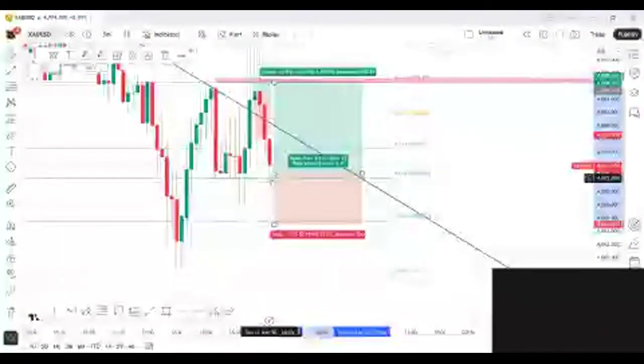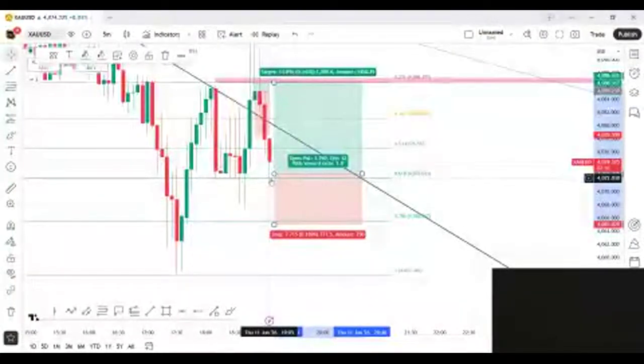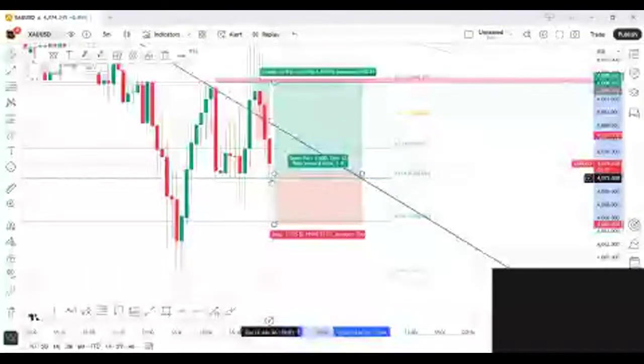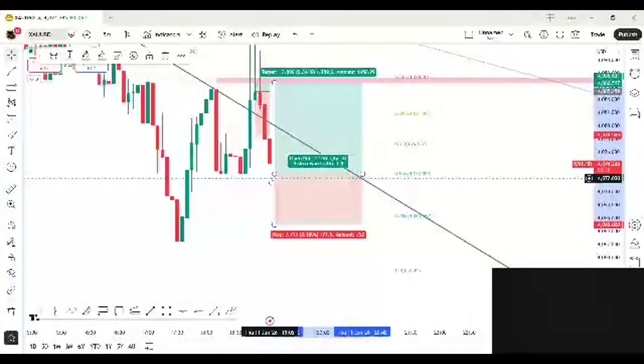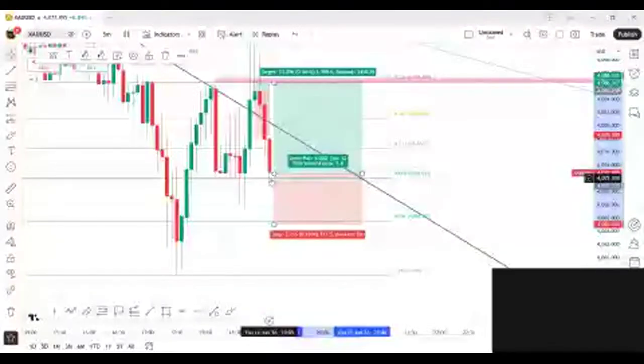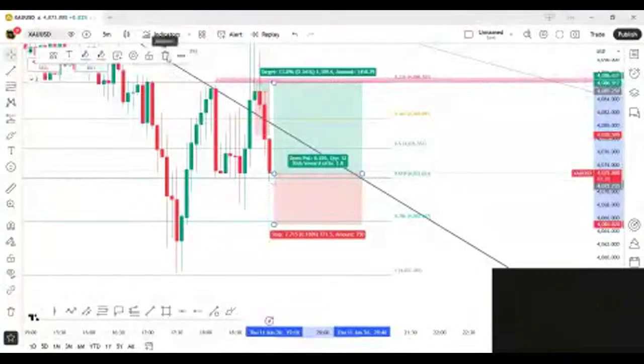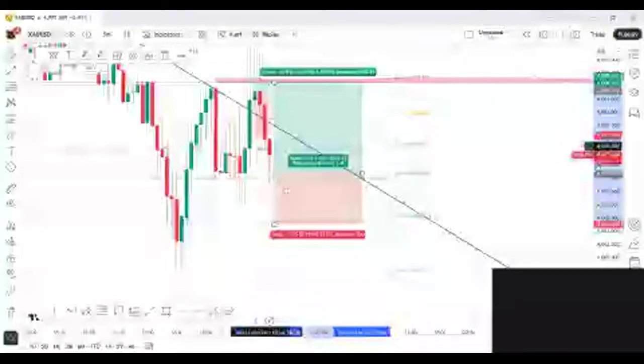On the smaller time frame, the 1 minute chart, the market has great momentum and we are getting some bullish candles.